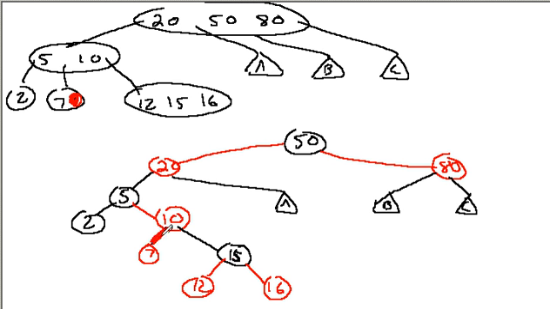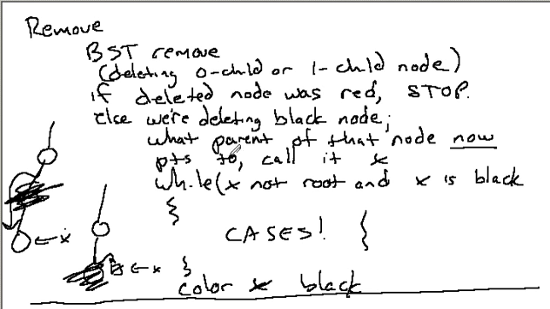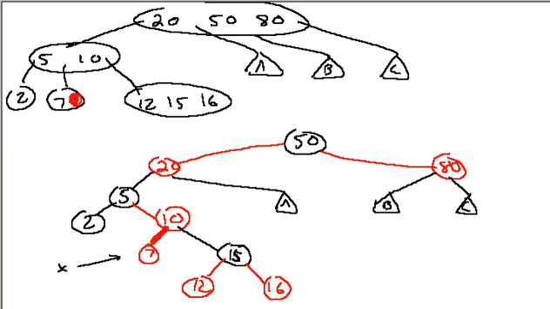When we delete 8, 10 now points to what 8 pointed to, which was 7. And then we say, well, what that child was, what the parent now points to, we call that x. That's what we said here. What parent of that node now points to, call it x. So what 10 now points to, call it x. And we say, well, the node is red, color it black. And that's it. We're done.